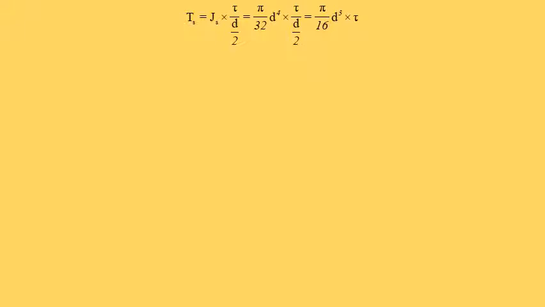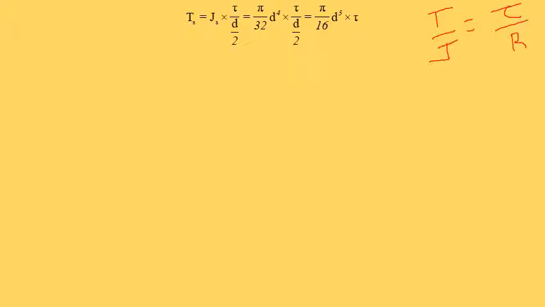We know from the general equation of torsion that T by J is equal to tau by R. Since we want the torque, T can be written as T equals tau into J divided by R. J represents the polar moment of inertia, tau is the shear stress, and R is the radius of the shaft.